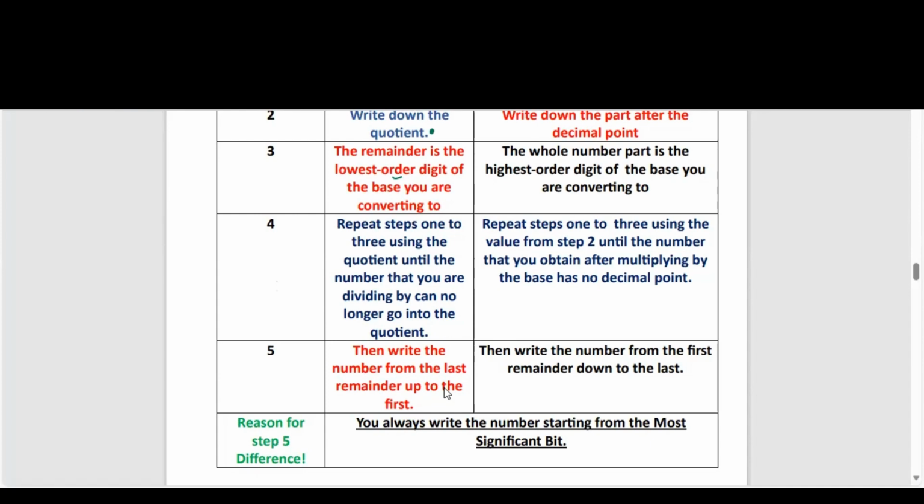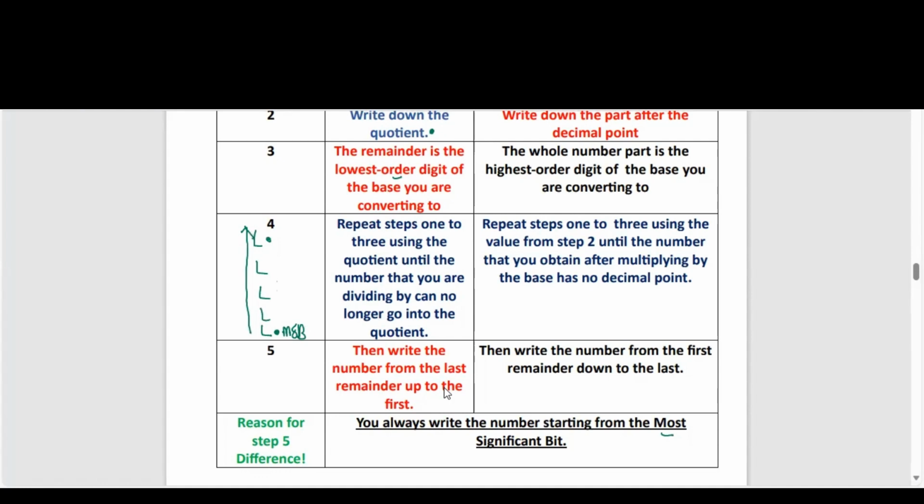The first remainder was the least, and the last one is technically the most significant. So when you're writing the number, you always write from the most significant bit down to the least significant bit. That's the order for a whole number. It'll be the opposite for fractions.